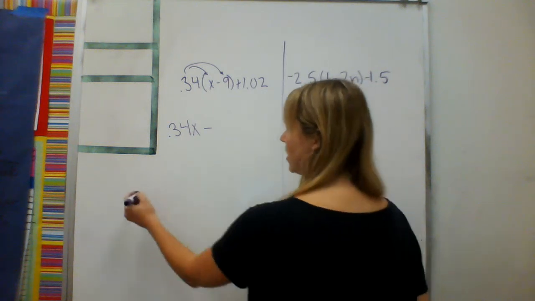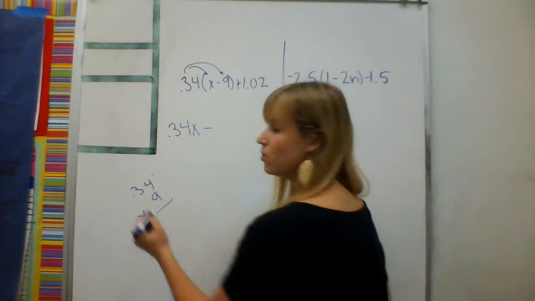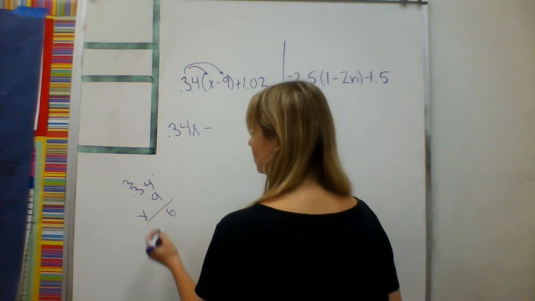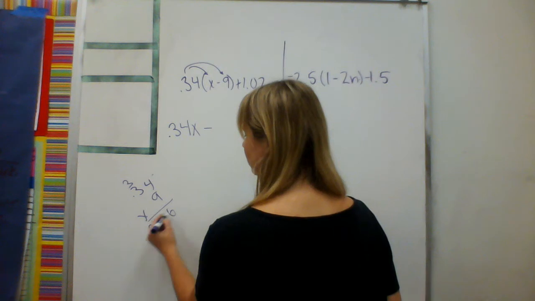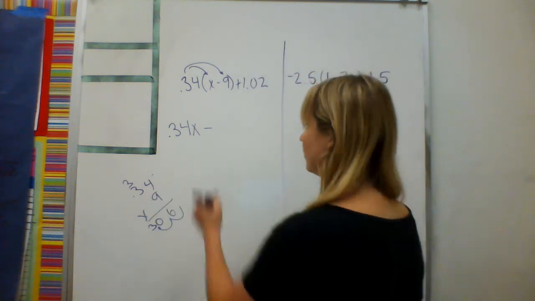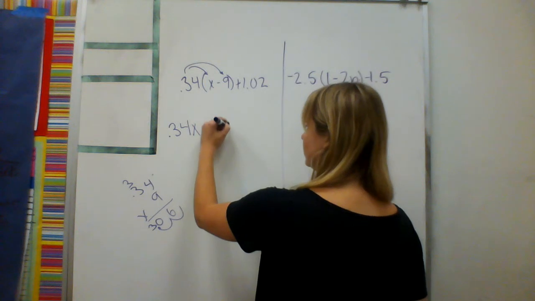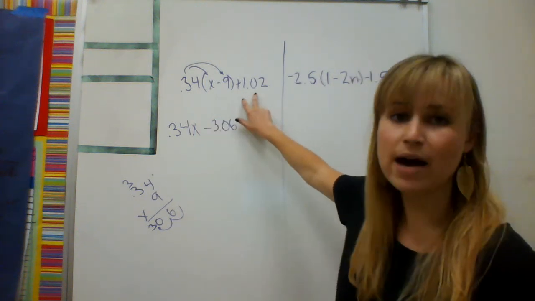And then I'm going to multiply 34 times 9. 9 times 4 is 36. 9 times 3 is 27, plus 3 is 30. I move my decimal point 2 spots because there are two numbers behind the decimal point. So minus 3.06.